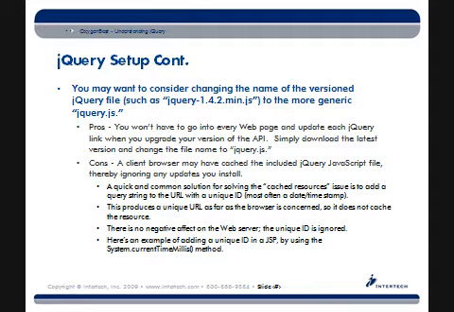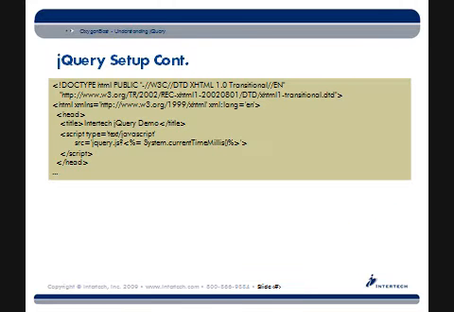One trick that some people will do is to add a query string. Of course, a query string is just a question mark followed by some data, and in the query string you can add some sort of a unique ID. I'll show you an example here that happens to be a JSP example, but you can obviously approach this with any sort of dynamic server-side language. So it could be PHP or ASP. In this case, I've got jQuery.js, question mark, starting my query string, and I'm just putting in the current time in milliseconds.